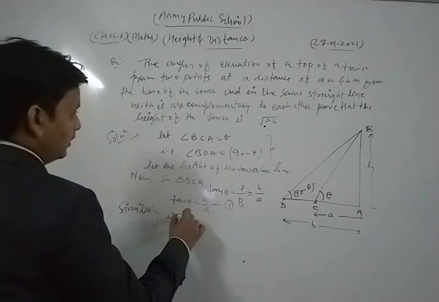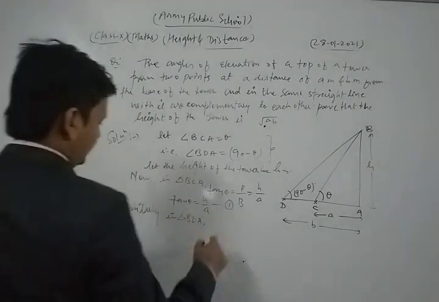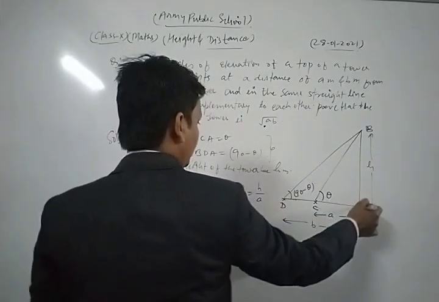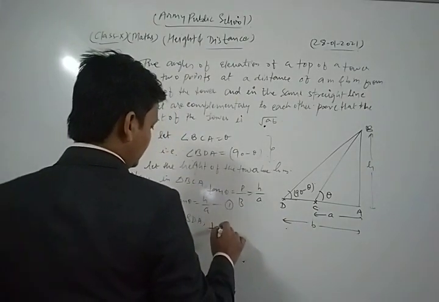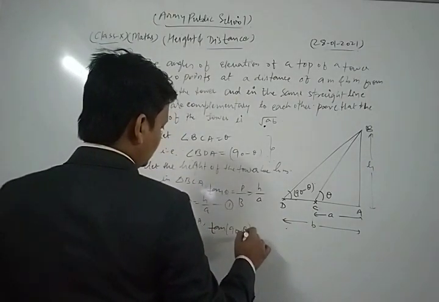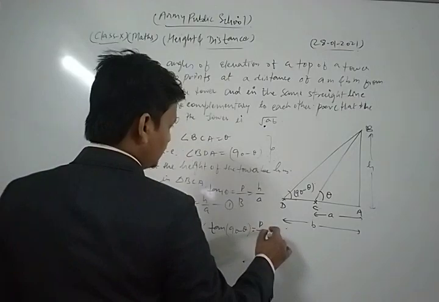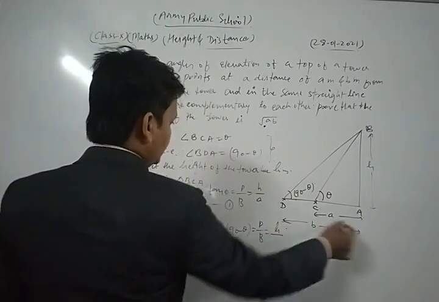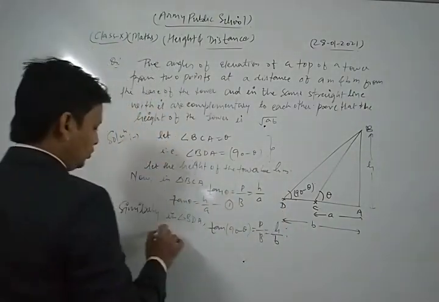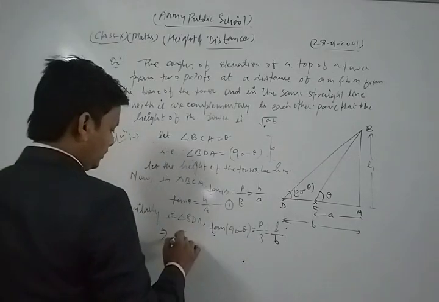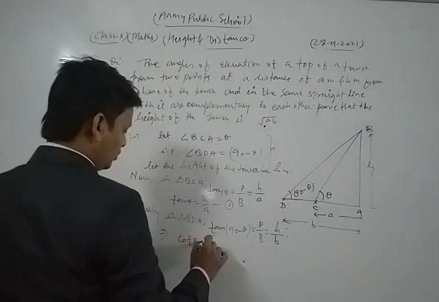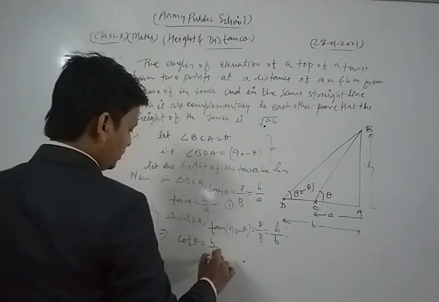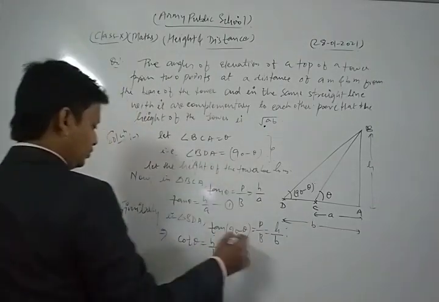Similarly, in triangle BDA, we apply tan again: tan of 90 minus theta is perpendicular upon base, which is h upon b. And you know that tan of 90 minus theta is cot theta, so cot theta is equal to h upon b. Now we take this as equation number 2.